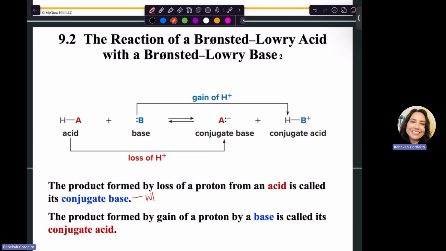Basically, it's what you get when an acid does its job. So if the job of an acid is to donate an H plus, if you take acid and you subtract H plus, what do you get? That's your conjugate base. That's the partner of that acid. It's what the acid is going to make.